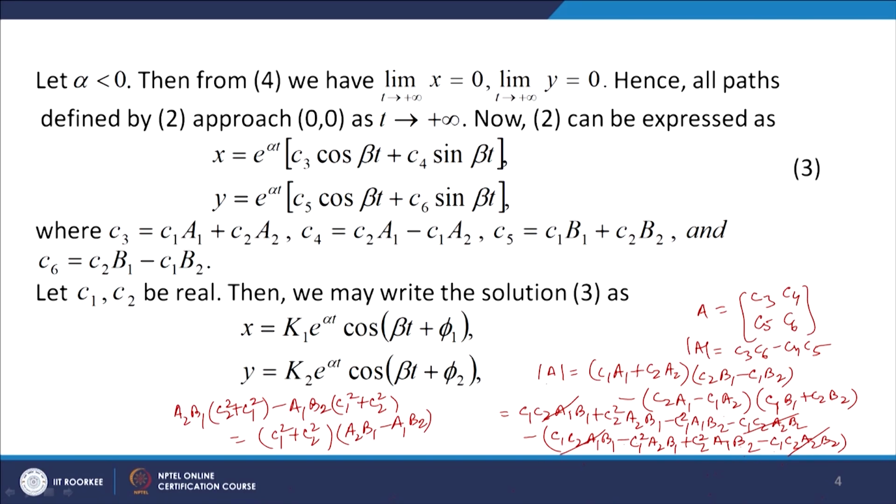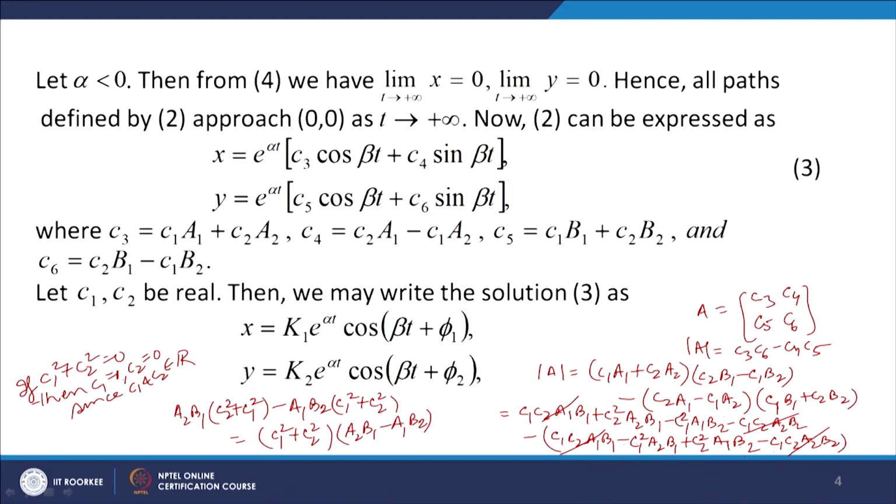Okay. Now, let us look at the situations where determinant of A can be 0. Determinant of A can be 0 if c1 square plus c2 square is equal to 0, since c1 and c2 are real quantities we are taking. So, if c1 square plus c2 square is equal to 0, then c1 equal to 0, c2 equal to 0, since c1 and c2 belong to R. And when c1 and c2 are zeros, what will happen?